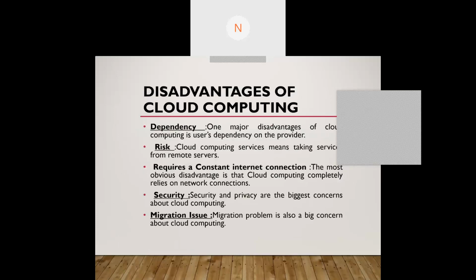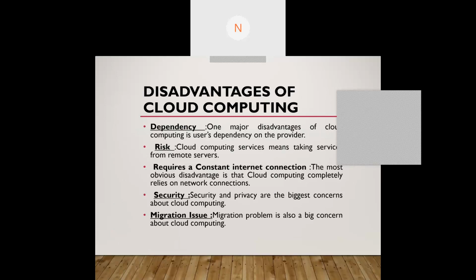Now, even though it has a lot of advantages, there are a lot of disadvantages too. Everything has its pros and cons, right? But the disadvantages here are very minimal as compared to anything else. One of the major disadvantages is that an end user has to trust a cloud service provider. If I'm taking the service from a cloud service provider, then I have to trust him.